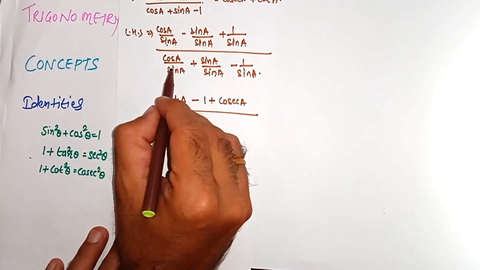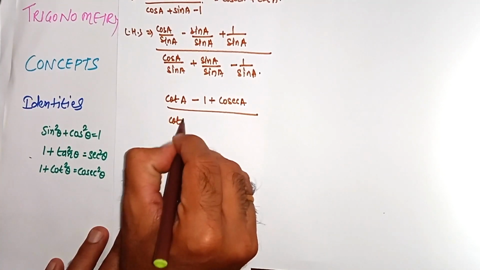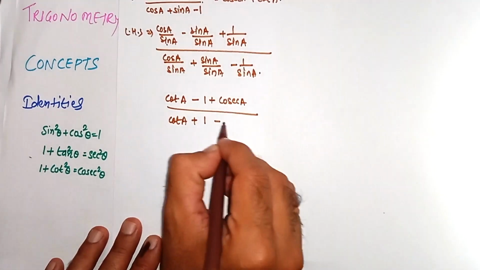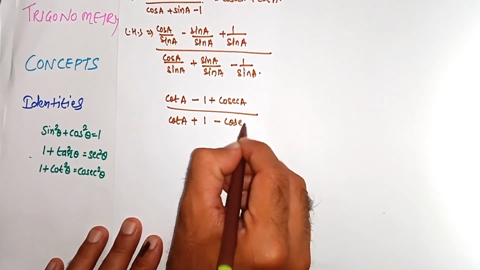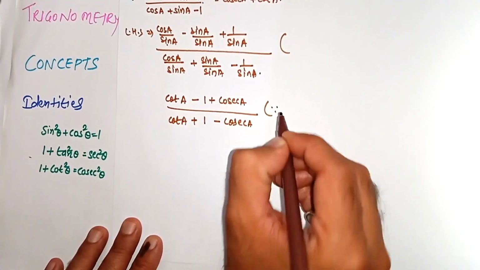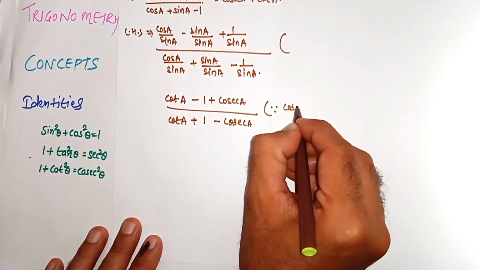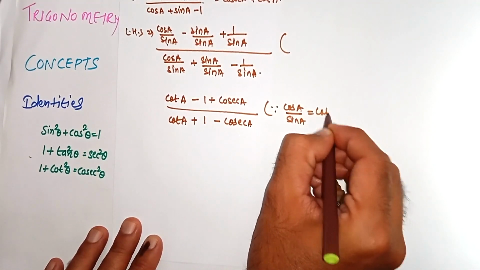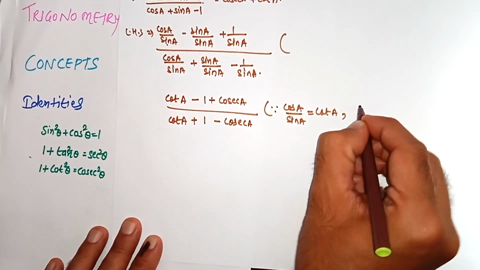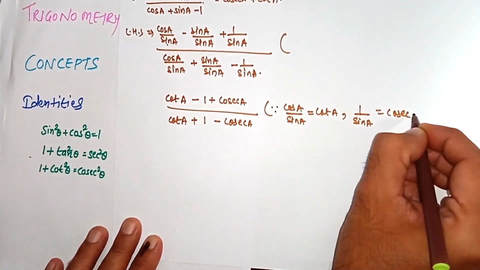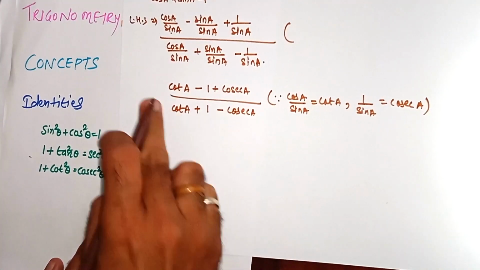Below, again cos over sin will become cot A, plus sin over sin will become 1, and this will become minus cosec A, since cos A over sin A is cot A and 1 over sin A is cosec A. Now what should we do?